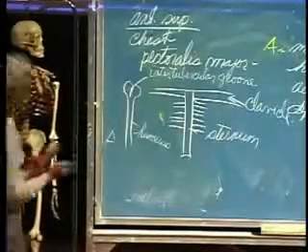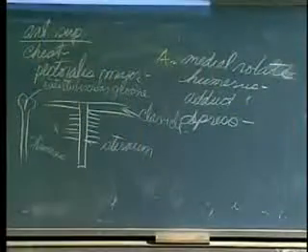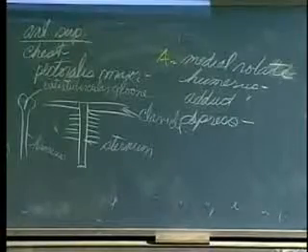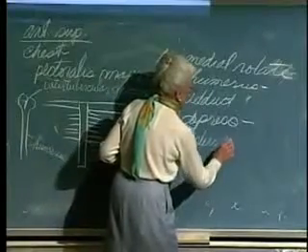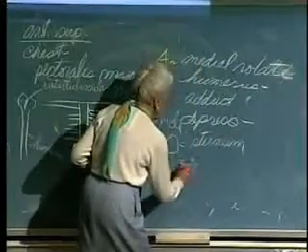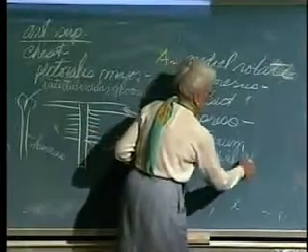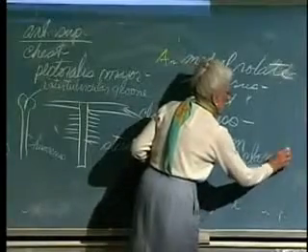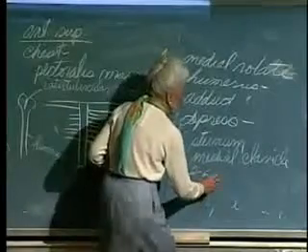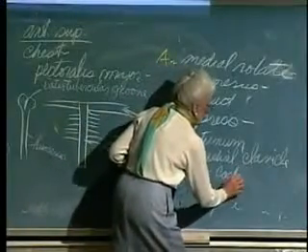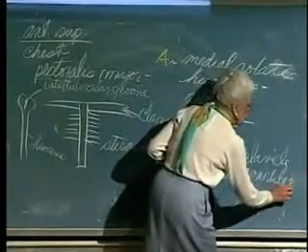Let's give them pink this time for something different. So we're going to have origin. Origin will be the sternum. Medial clavicle. And 2 to 6 costal cartilages. Review.